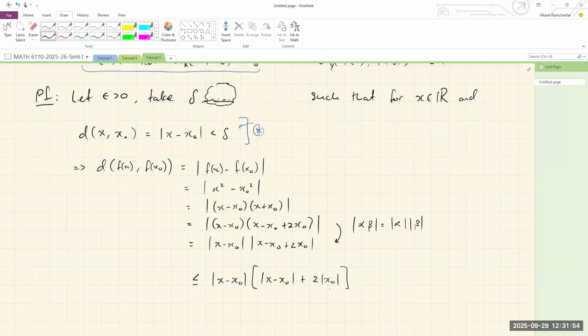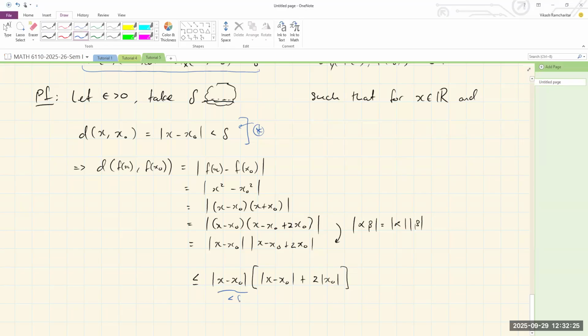So essentially what I'm seeing here is, here's the problem.